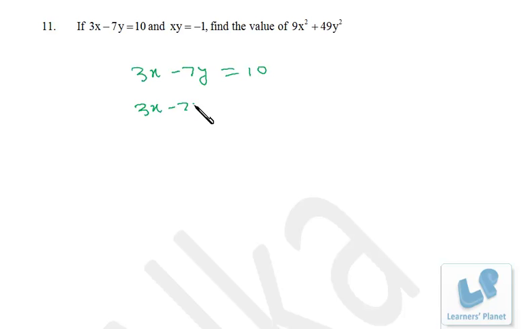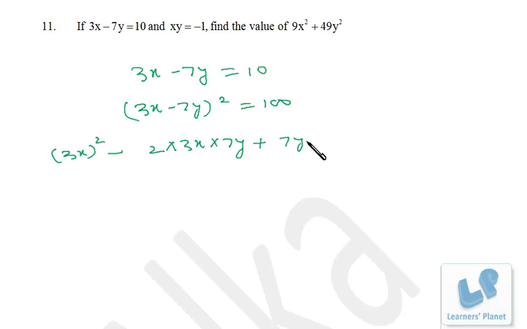So (3x − 7y)² = 100. (a − b)², so the square of 3x minus 2 times 3x times 7y plus (7y)² is equal to 100. Now this is 9x² minus 3 twos are 6, 7 sixes are 42, xy, and xy is actually −1.